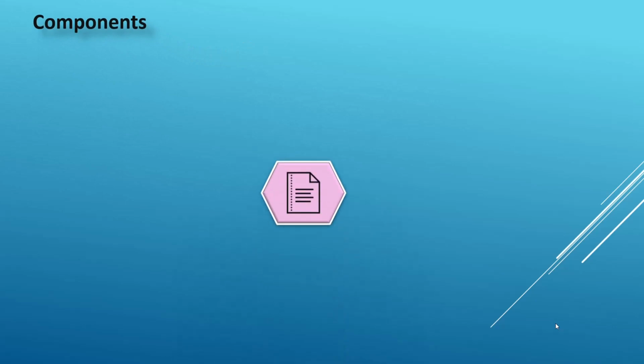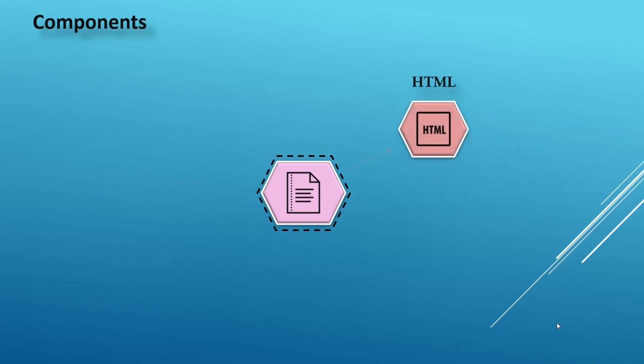Okay, now we'll check how components work. A component is nothing but what you do in your JavaScript project, where you create an HTML file, CSS file. These things here also, whenever you create components, by using ng g c, like ng generate component and then the component name. Once you give this command, Angular automatically creates your HTML file.